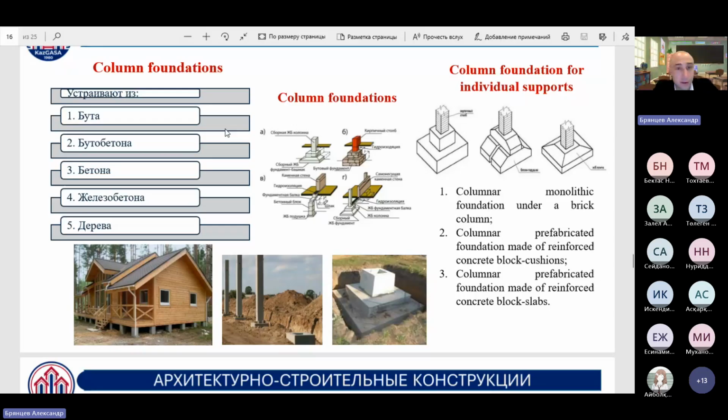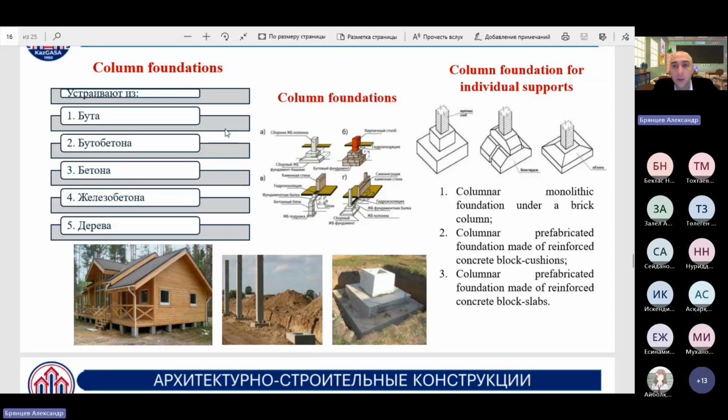Rubble stone, it's бутовый фундамент из камня натурального. Rubble concrete, buto-beton, when natural rubble and natural stones are added to the concrete. And the next ones are reinforced concrete and timber.